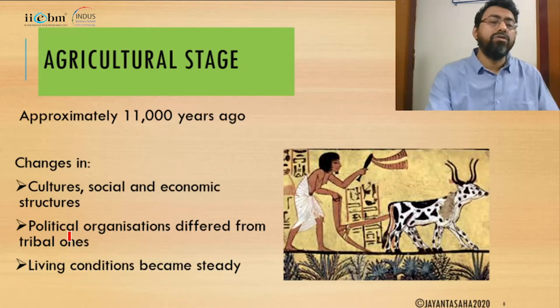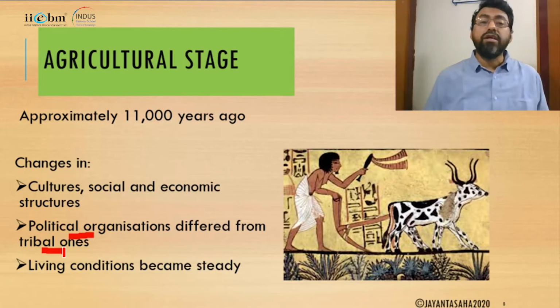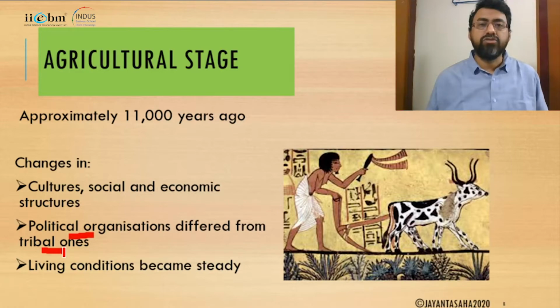that includes a kind of political organization that is completely different from the one we had in the tribal stage. There it was very informal, but you can't have informal resolution of conflicts. Today, for a similar kind of conflict, I give this kind of verdict, but after 5 months, if a similar conflict happens, I can't give a different verdict. That would amount to bias. So there has to be a social contract, a set of rules by which everybody agrees to be governed.